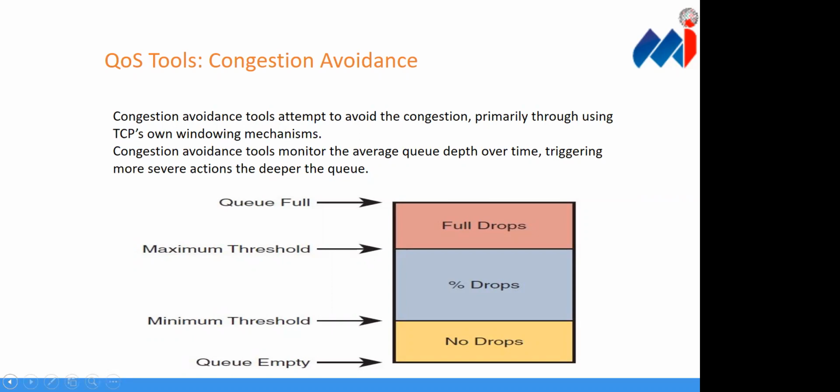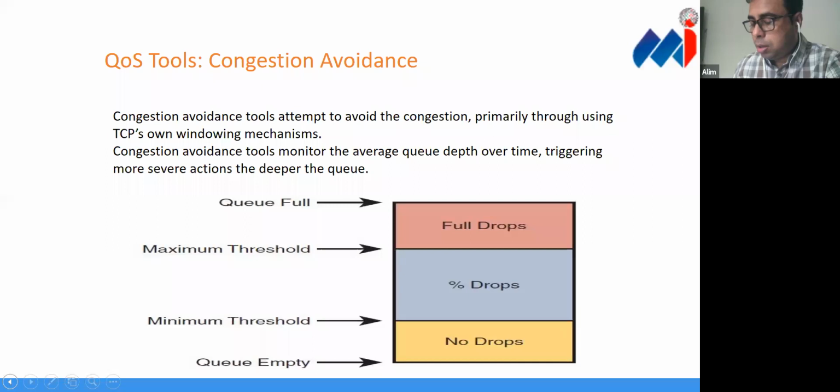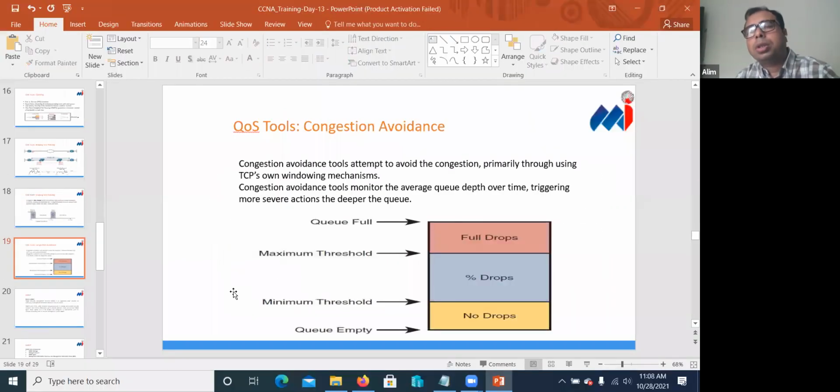What is the meaning of ECN? ECN is actually, for congestion control techniques, Explicit Congestion Notification. Okay, it uses some congestion notification.